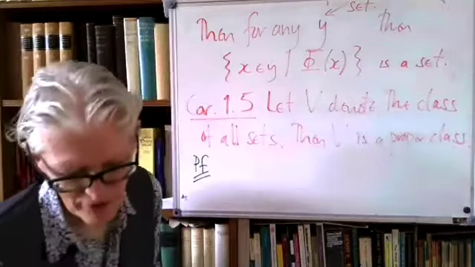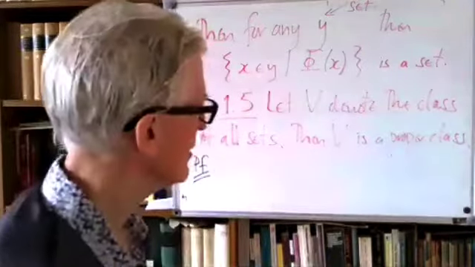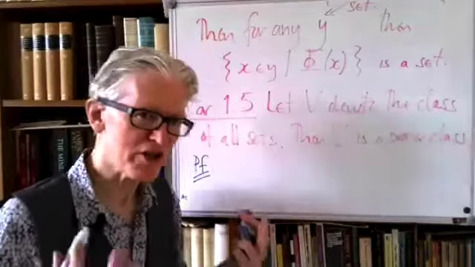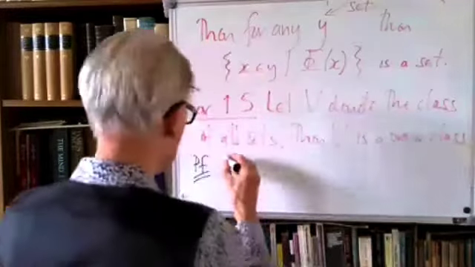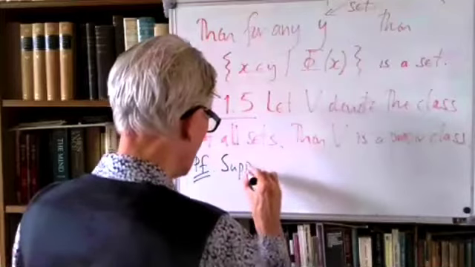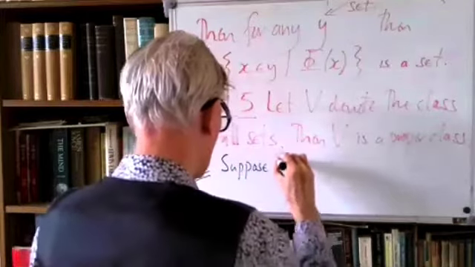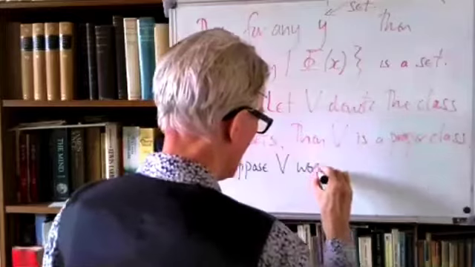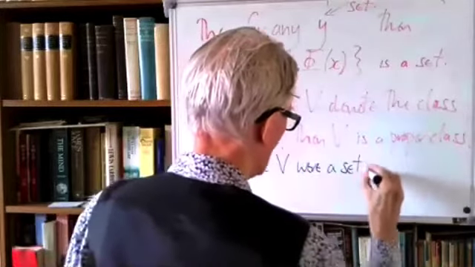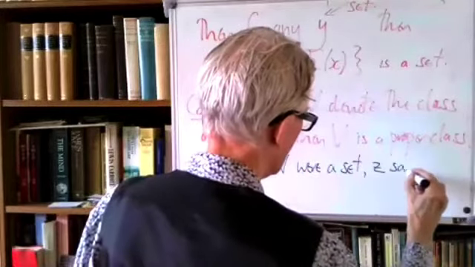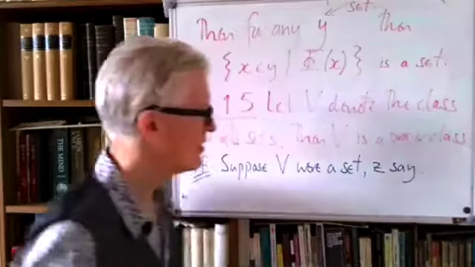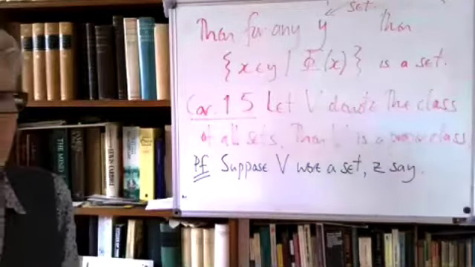So, proof. Again, by contradiction, suppose V is a set. Suppose it was a set Z.